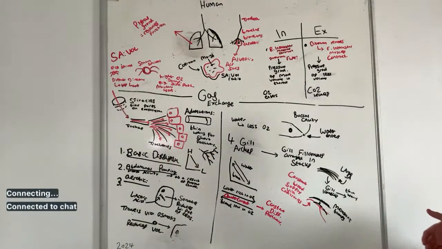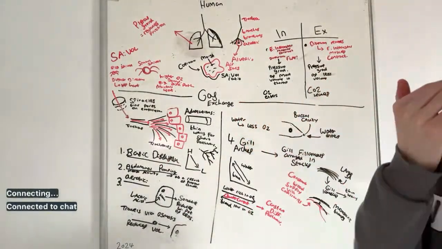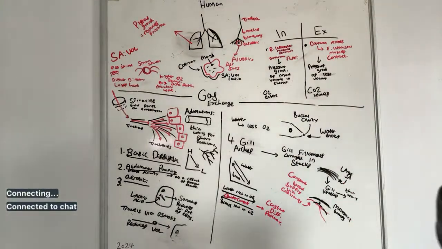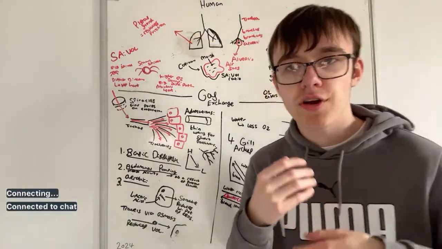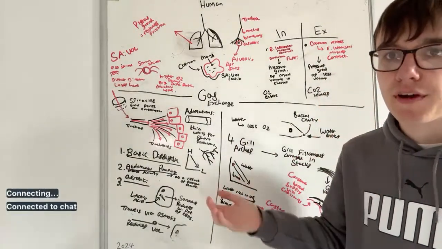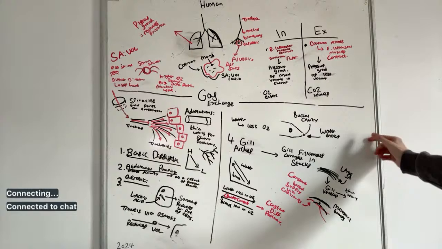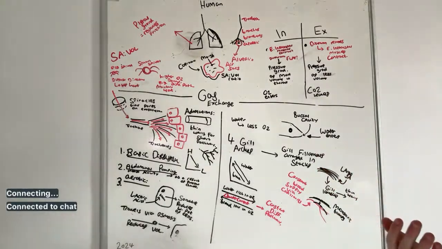Number 2, gas exchange in fish. The mouth is the buccal cavity. That's where the water enters from. Water has less overall oxygen in it than air, obviously. So, they need to be able to do this very effectively, and they do. The water enters, and then it goes to one of 4 gill arches.